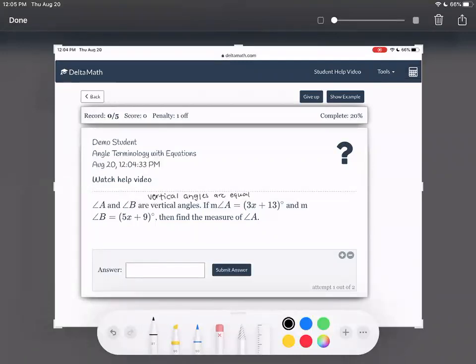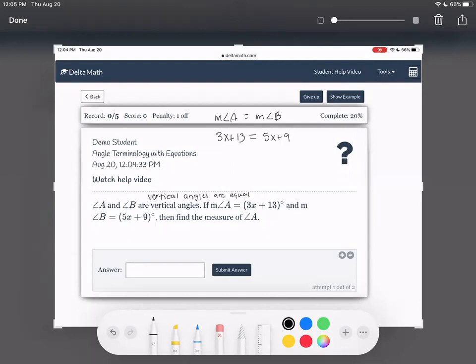So what we're going to do with the measure of angle A is set it equal to the measure of angle B. Because vertical angles are equal, so measure of angle A is equal to the measure of angle B. So they're equal, so then we can put their equations as equal.